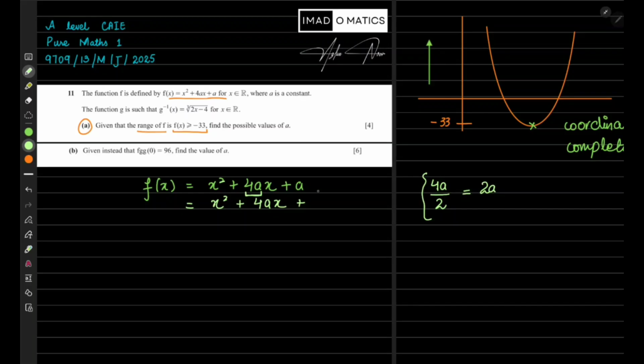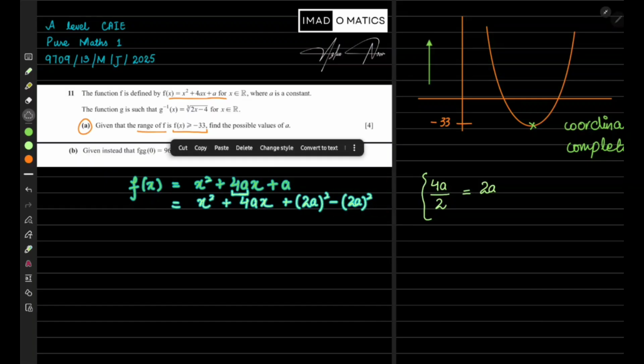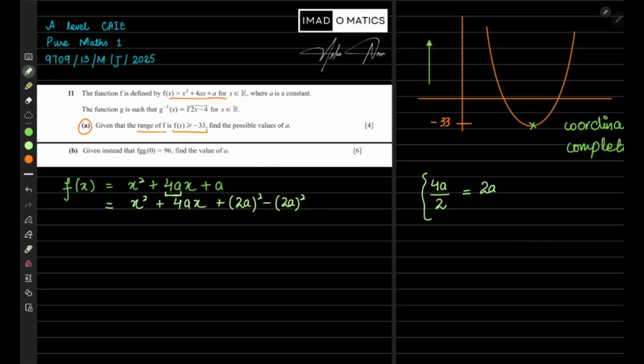So adding and subtracting 2a squared, and then adding a that was there. Now we know this can be made into a complete square, so we can make it x plus 2a whole squared minus 4a squared plus a.